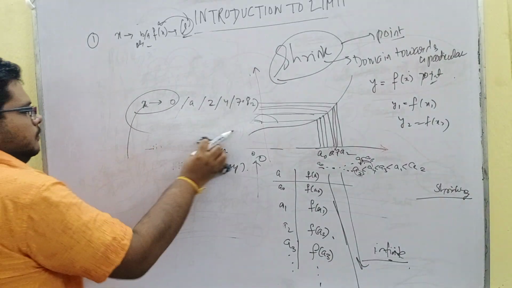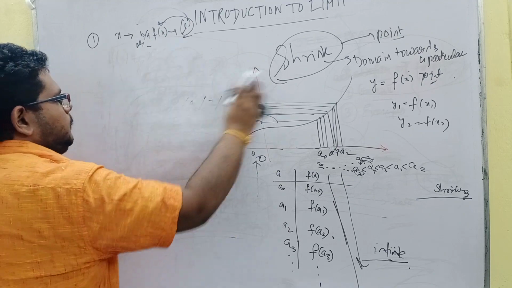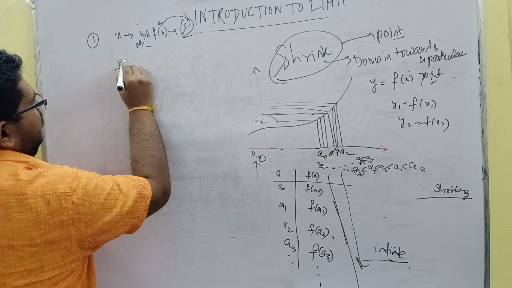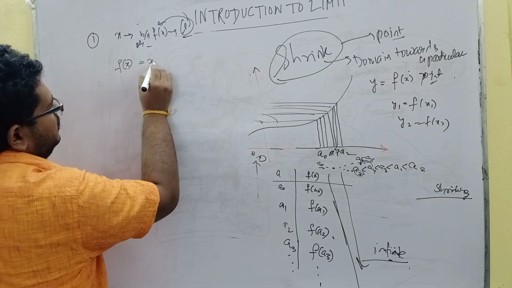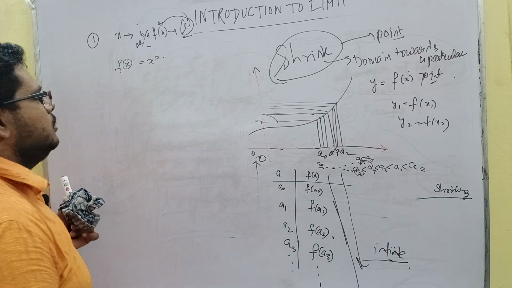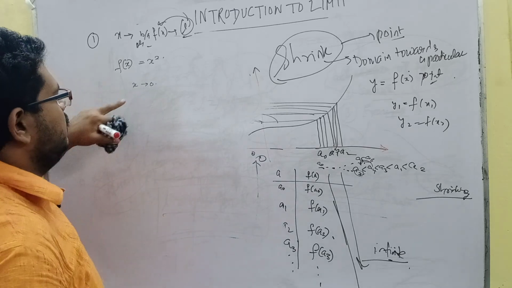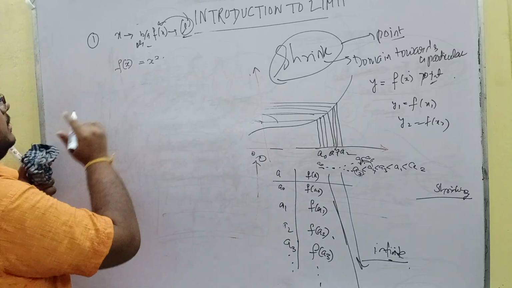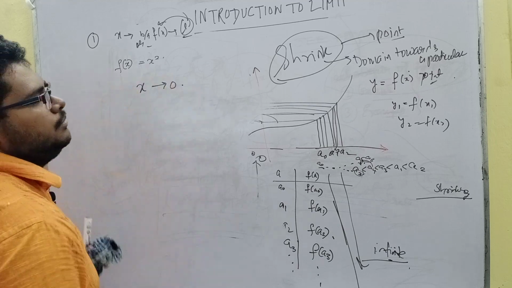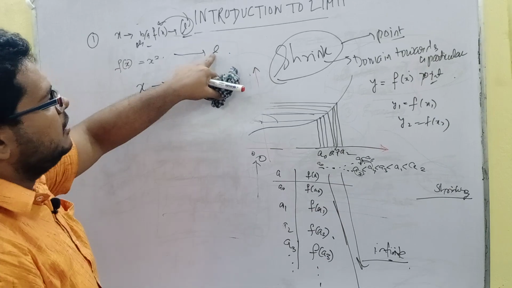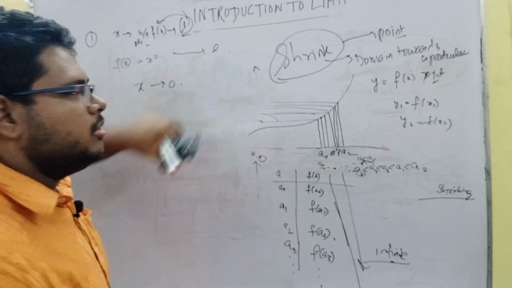Now suppose f(x) is x square, the earlier example I was talking about. If we want to analyze at x equals 0, what we want to find is where does f(x) go, that L we are trying to find out. This is the main motive.